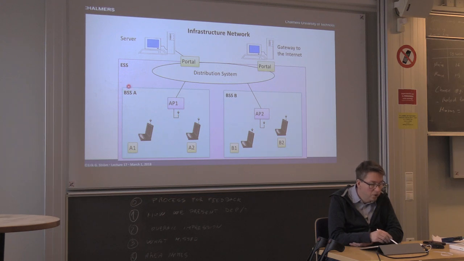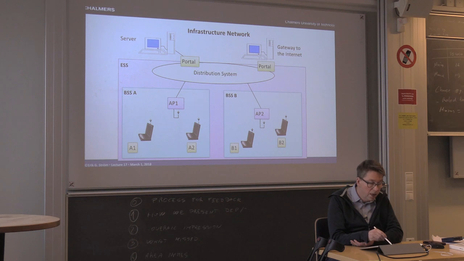So here we have basic service set A for access point 1. Here we have basic service set B, with access point 2. So these nodes are then attached to access point number 2. These access points are connected through a distribution system. So we can think of this as an Ethernet, for instance, but it could also be a wireless backbone here.